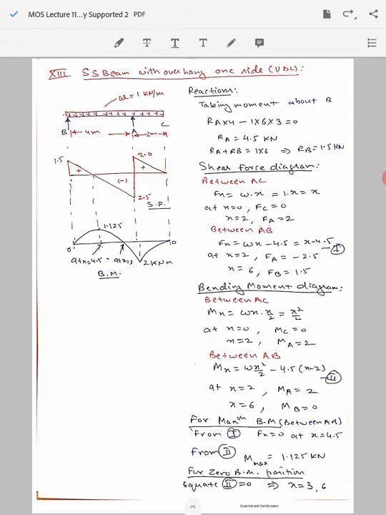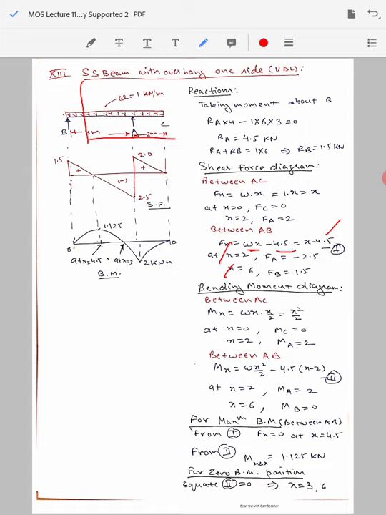Now for the span AB, if we cut the beam anywhere between A and B and assume this distance from the point C as X, and draw the free body diagram of this right hand section of the beam, we have the applied force of 1 into X, or W into X kilonewton, which is acting here, and then there is a support reaction of 4.5 kilonewton in the upward direction, so there is Wx minus 4.5, so that becomes finally X minus 4.5 after substituting 1 kilonewton per meter in place of W. When you evaluate for X equal to 2 and X equal to 6, you get the value of shear force at the two extreme ends of this span.